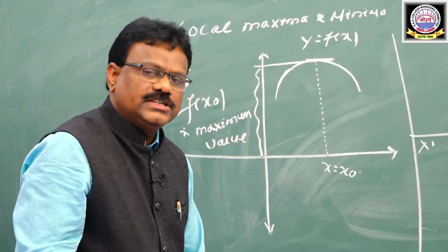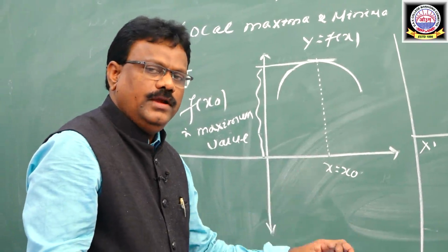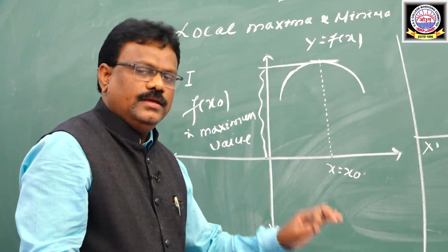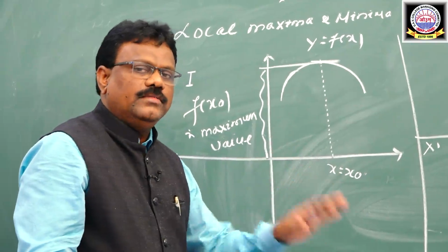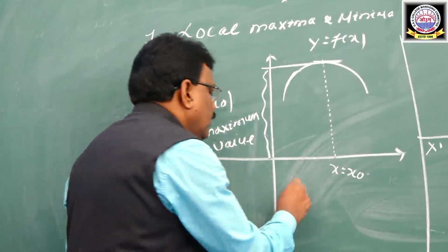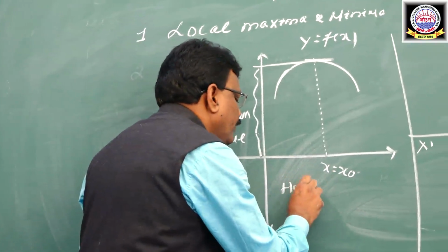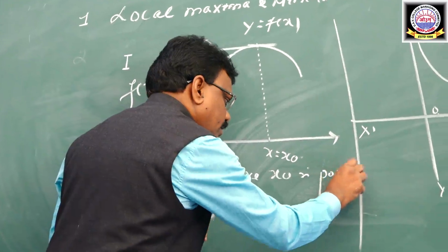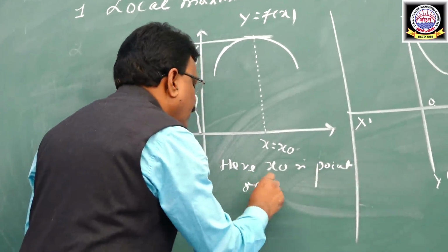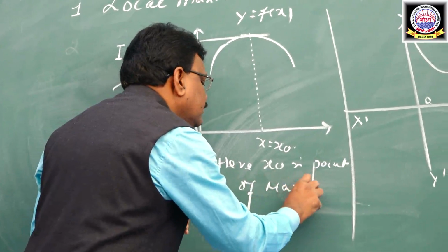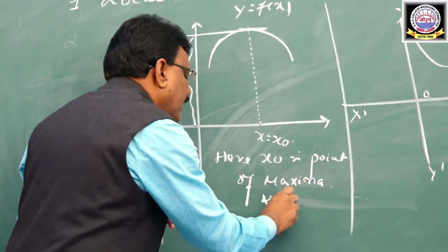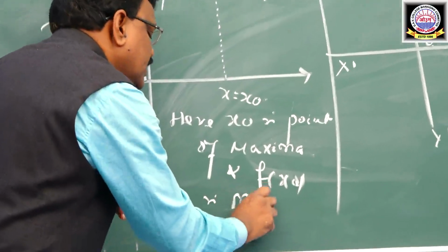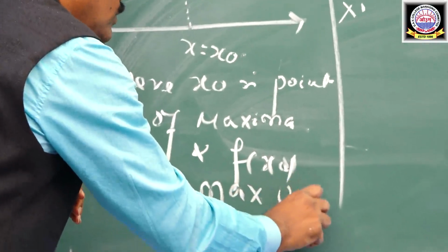So what is a point of maxima? The point in the domain, or the value of x, where the function attains the maximum value. So here x0 is the point of maxima, and f of x0 is the maximum value.